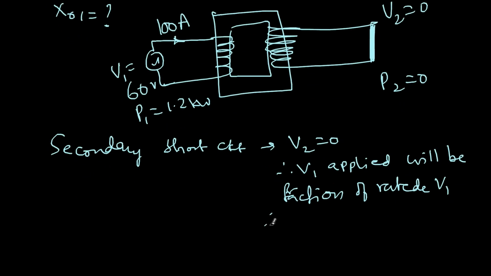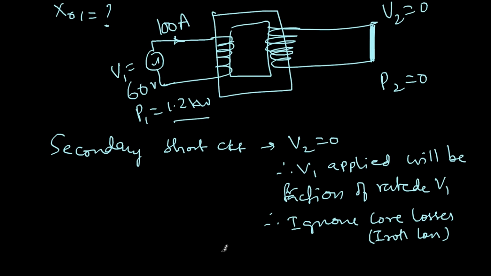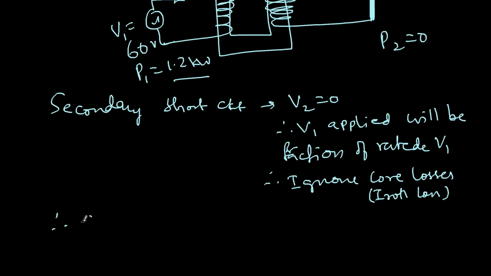So ignore core losses. Core losses are iron losses. Whatever loss occurs, that 1.2 kilowatt is nothing but all the losses, which are copper losses only.